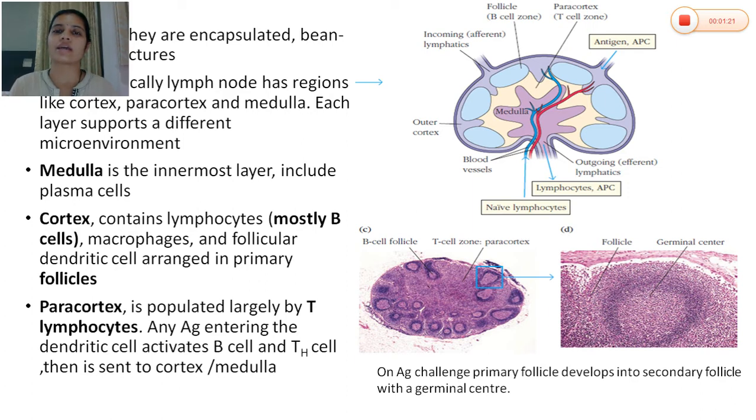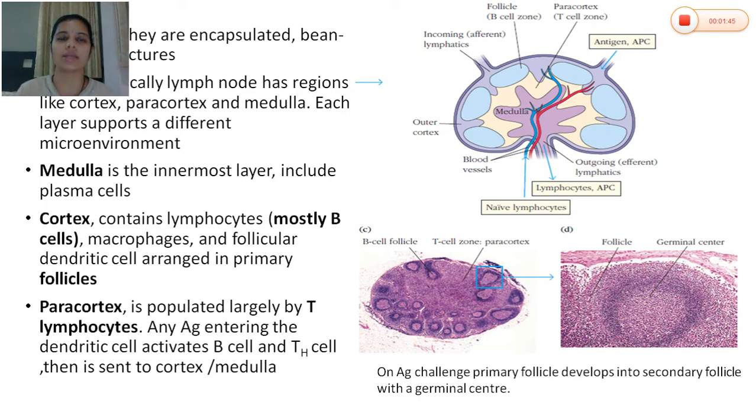The antigen first enters the area of paracortex. This paracortex is populated with T lymphocytes. Any antigen which is entering, the dendritic cell activates the B cells and T helper cells. Then they are sent to the cortex or medulla.